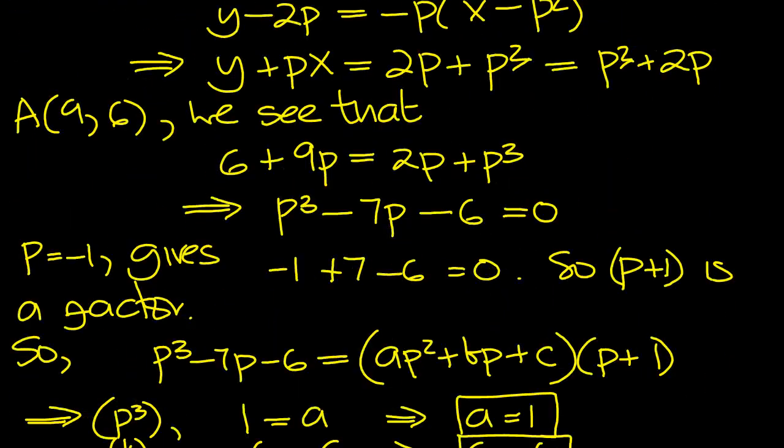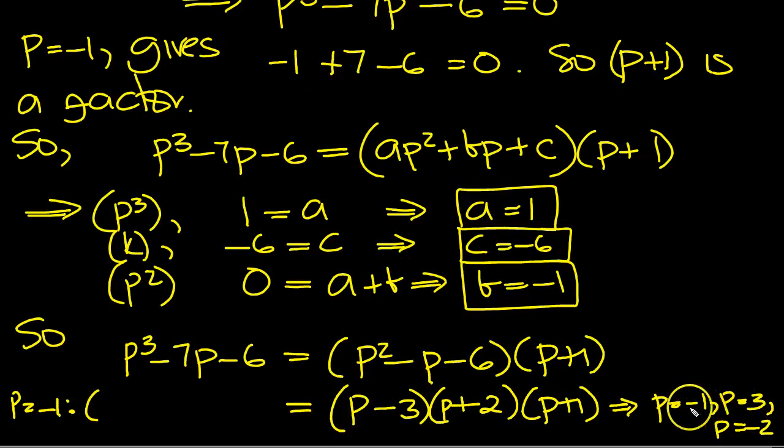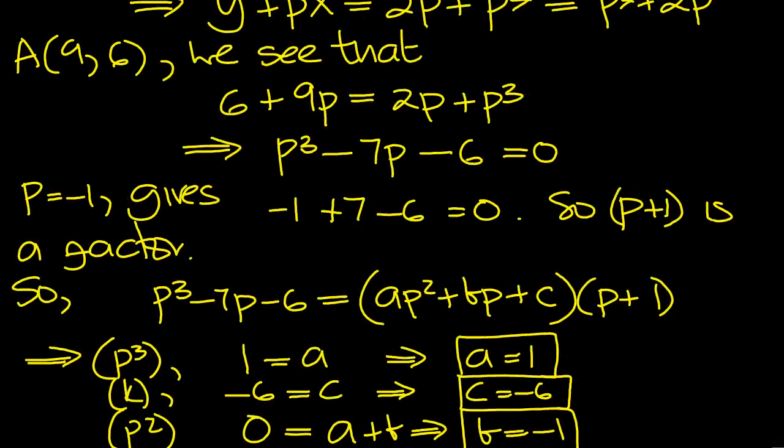So let's put them down. p squared is minus 1 squared is 1, and 2p is 2 lots of minus 1, which is minus 2. p is 3, we get p squared is 9, and 2p is 6. That was the 9, 6, which was the point that was given.